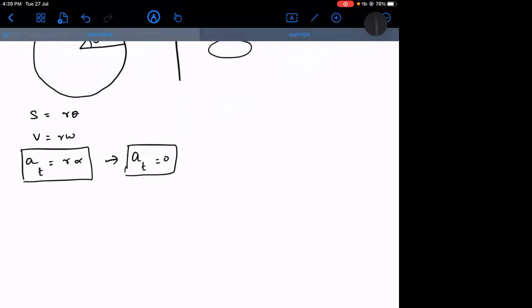So an object which has 0 tangential acceleration, in the bracket you can write it as constant speed. I'll tell you why I use the word speed.